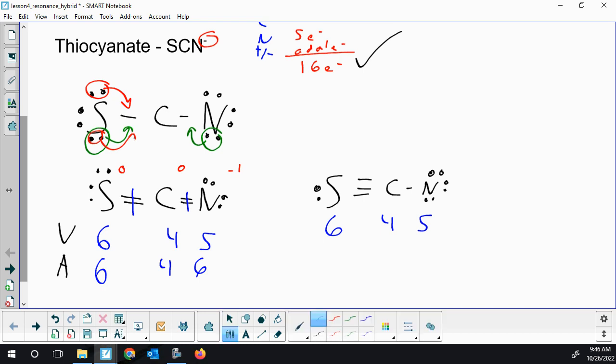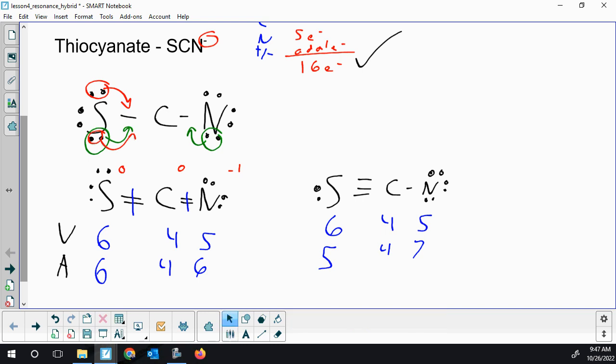So the bottom is our actual. Sulfur has 2 electrons, 1 lone pair, and then a 3rd, a 4th, and a 5th. Carbon has 4 bonds, 1, 2, 3, 4 bonds around it, so 1 electron from each, no formal charge there. Nitrogen has 6 dots, 6 electrons, and 1 bond, so a 7th electron around it.